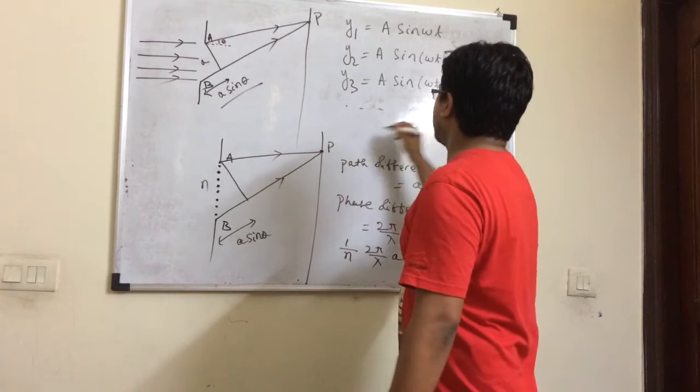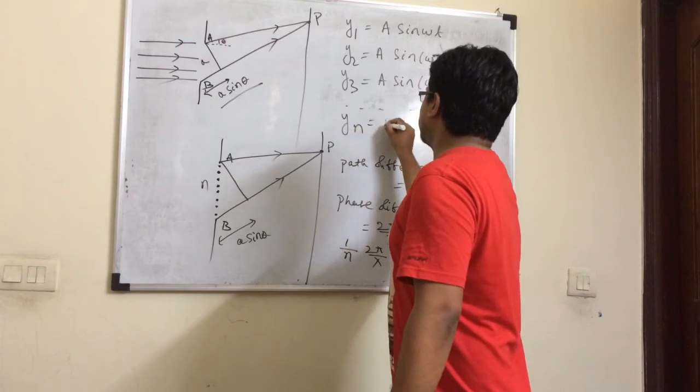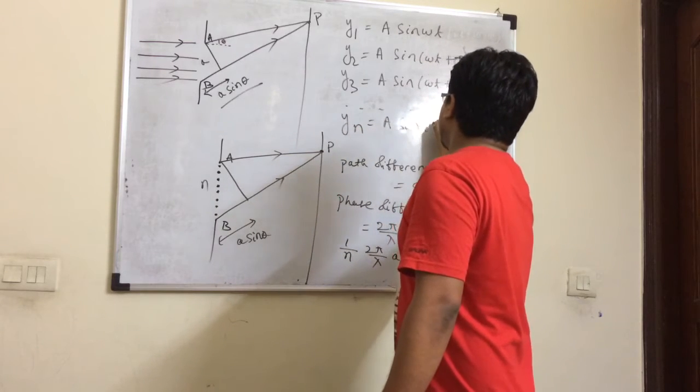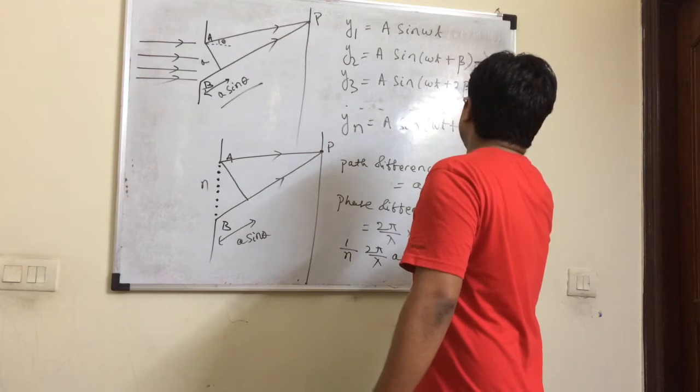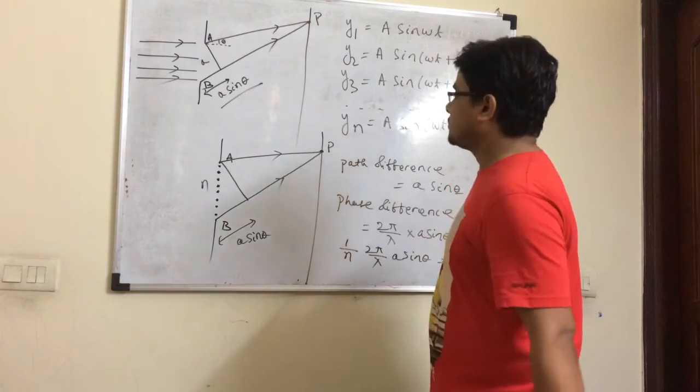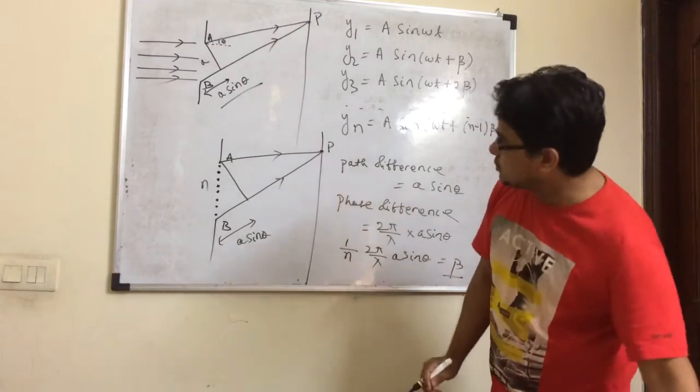So for the nth source we can write yn equals A sine omega t plus n minus 1 times beta.